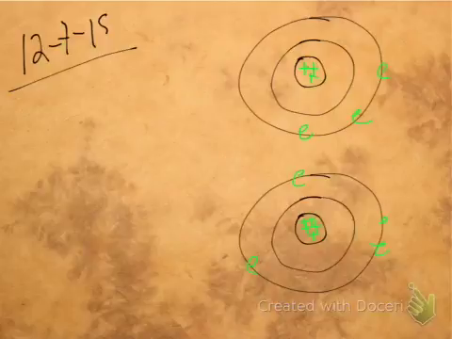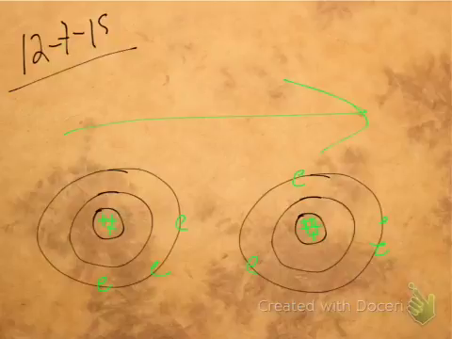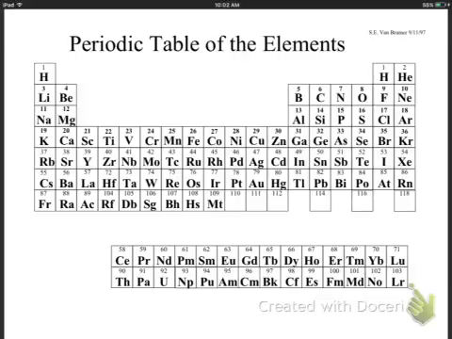And so as we go across a period, and the way I drew this was deceptive, let's do that. As we go across a period, atomic radius tends to decrease slightly. So in any given period, atomic radius decreases as we move that way.